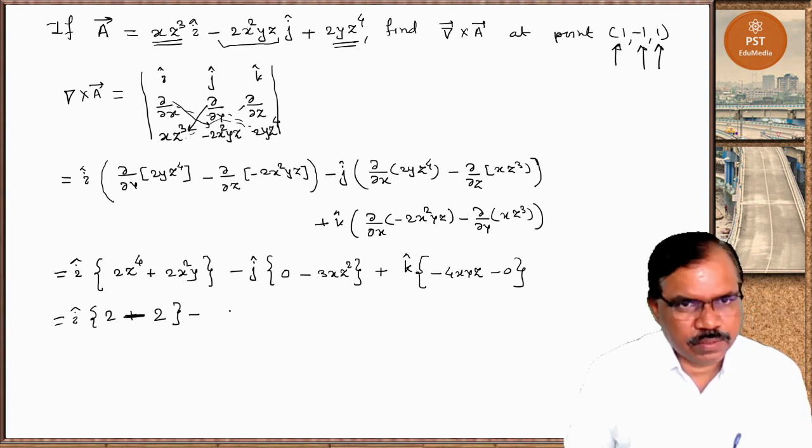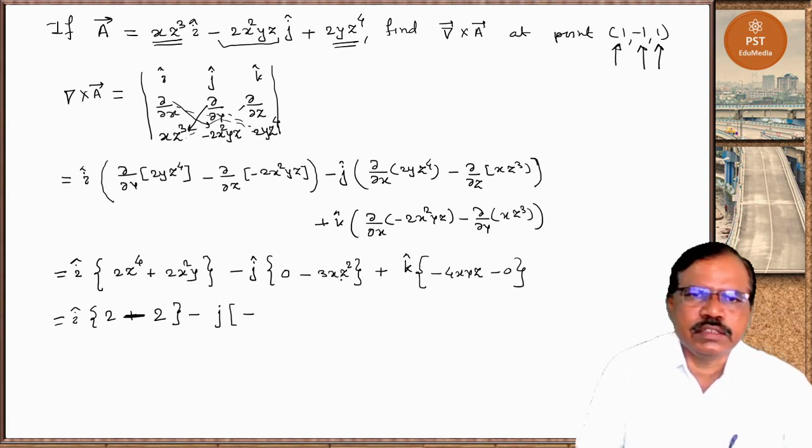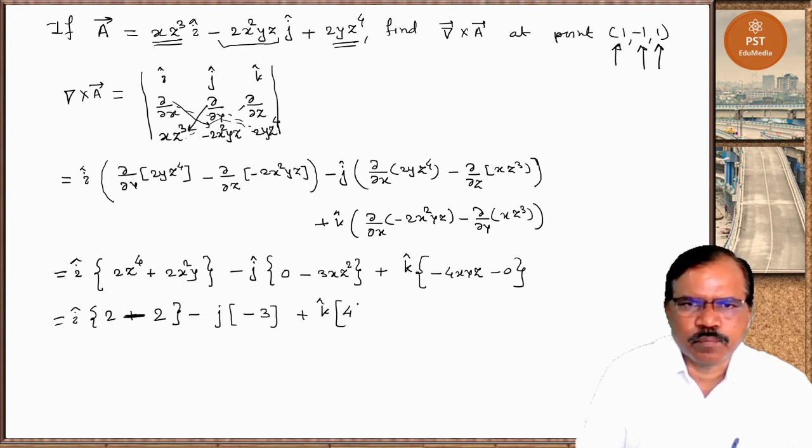Minus j, minus 3 x z square with x is 1 and z is 1 gives minus 3, plus k, which for (1, minus 1, 1) gives simply 4.